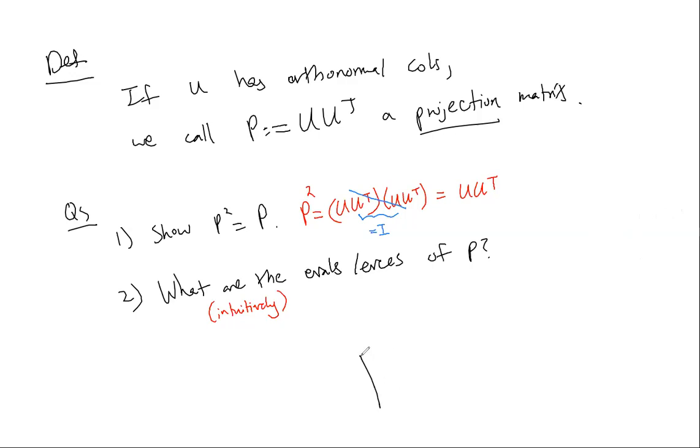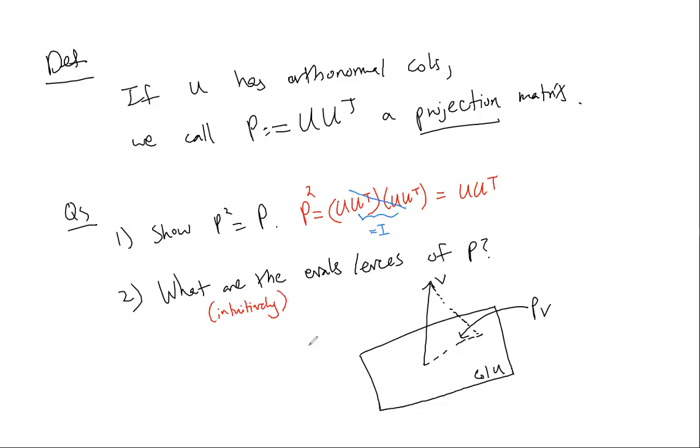The way to think about this is you have some subspace, which is exactly the column space of U. And what P does is it projects onto the column space of U. So it takes any vector v and gives you the projection, PV. And so what vectors are special to this projection matrix? What are scaled by some scalar?